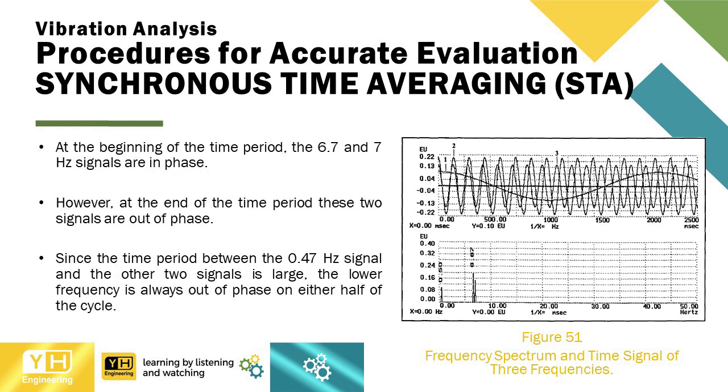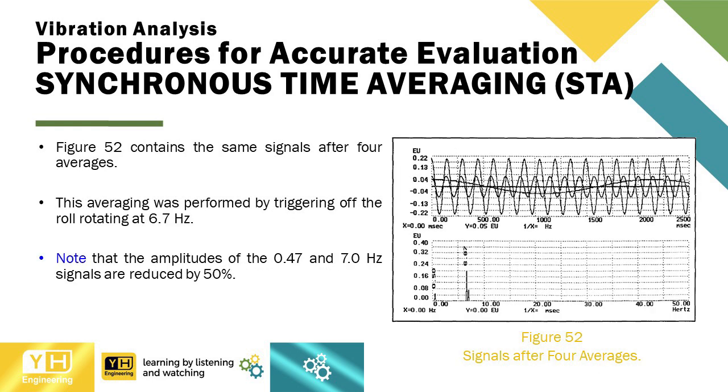At the beginning of the time period, the 6.7 and 7 Hz signals are in phase. However, at the end of the time period these two signals are out of phase. Since the time period between the 0.47 Hz signal and the other two signals is large, the lower frequency is always out of phase on either half of the cycle.